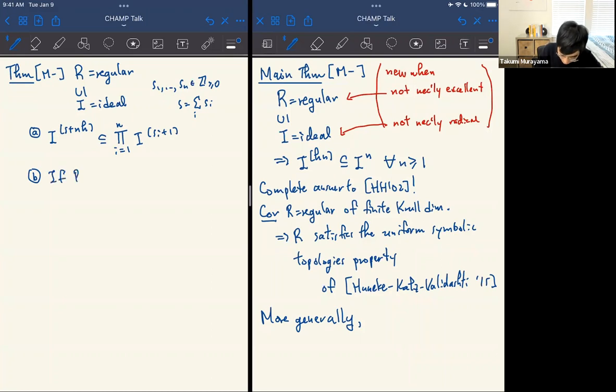And the other thing is that if R is local, then I^(s+nh+1) is contained in the maximal ideal times the same product of symbolic powers.